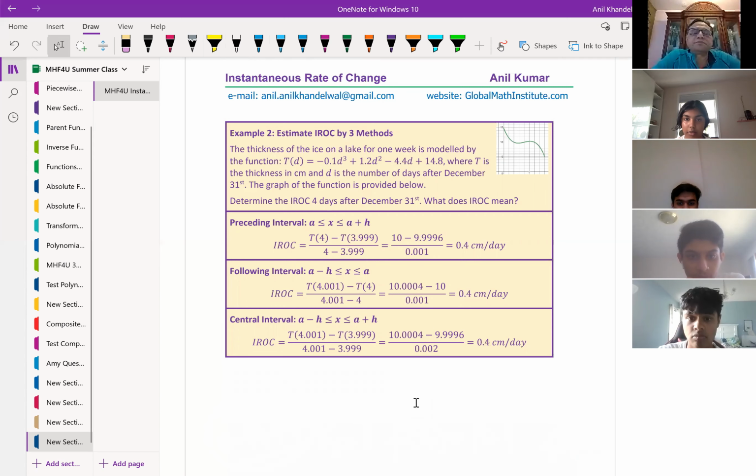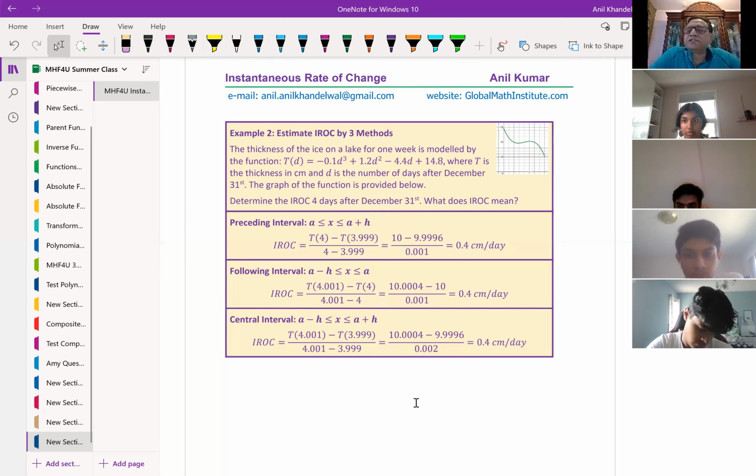The graph of the function is provided below. Determine the IROC 4 days after December 31st. Instantaneous rate of change, 4 days after December 31st.